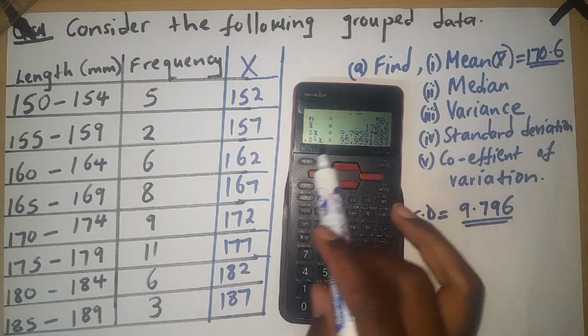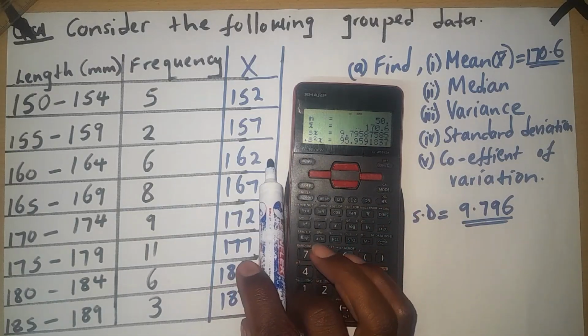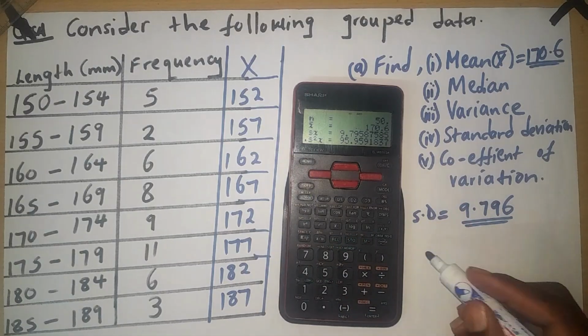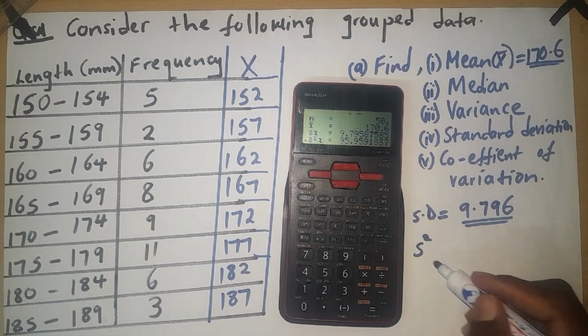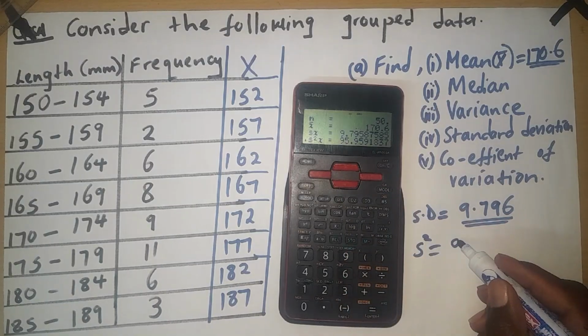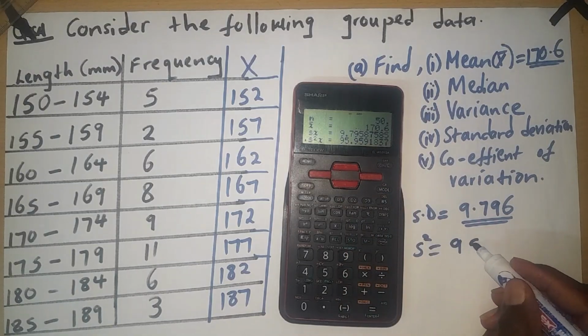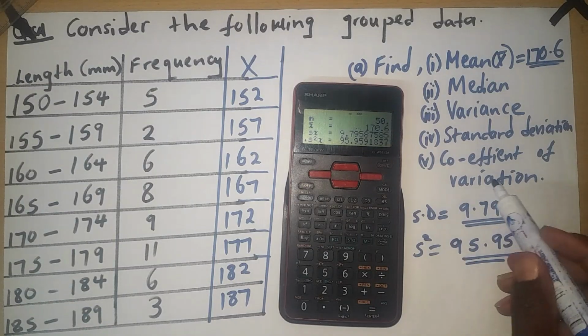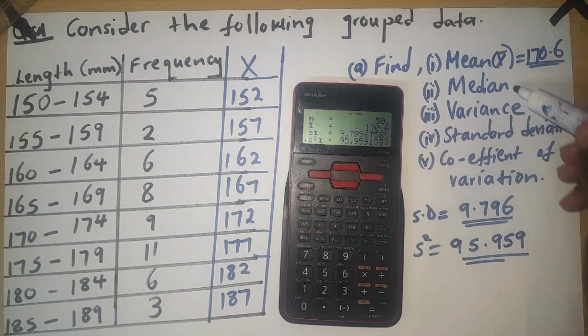And then our sample variance, represented by S squared x, is 95.959.